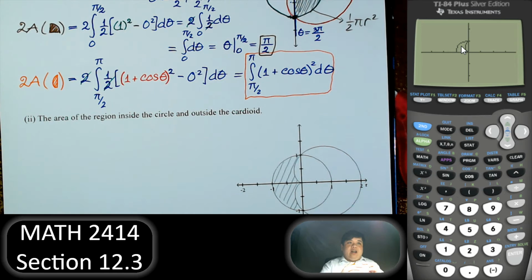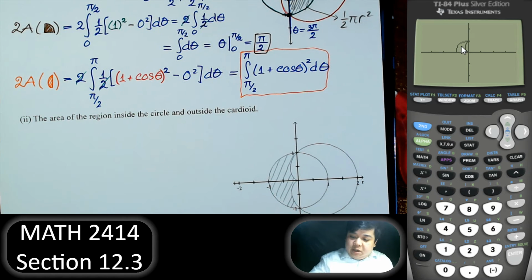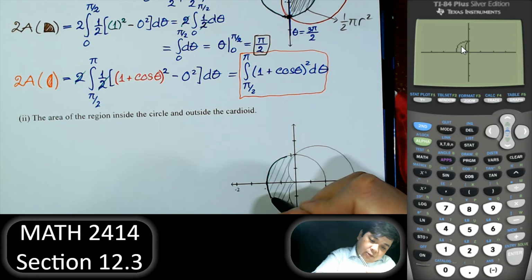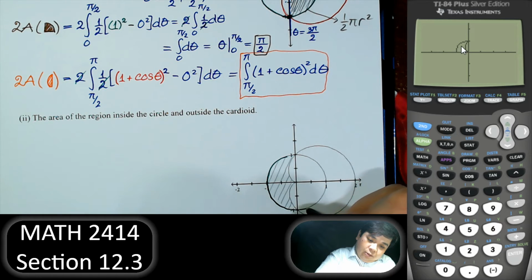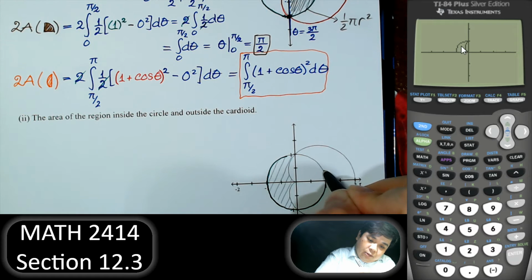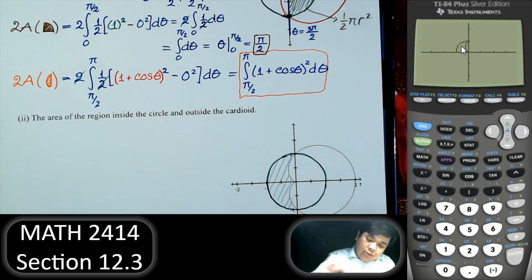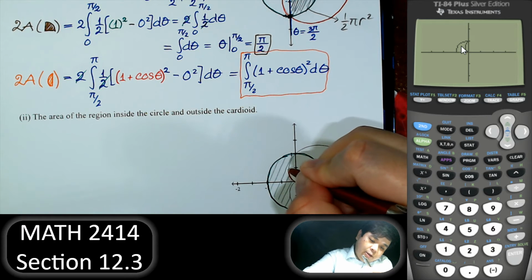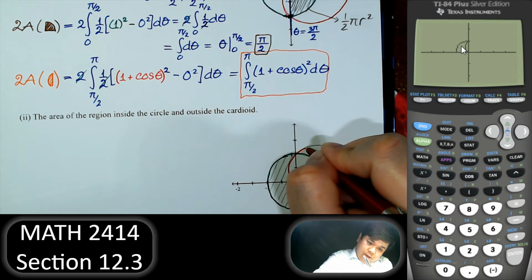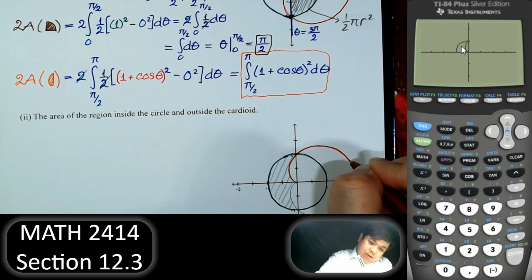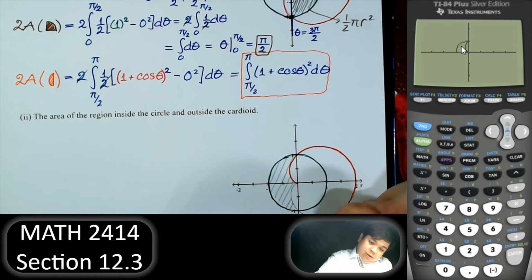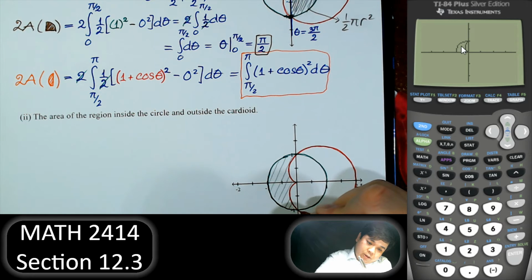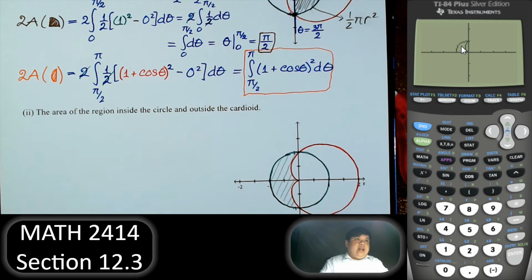Yeah, inside the circle, outside of the cardioid. Right, so we need that area.